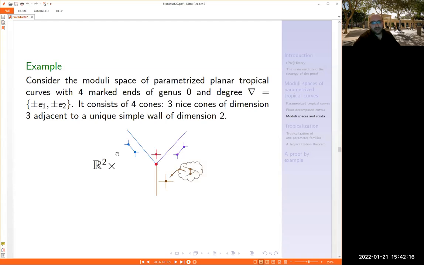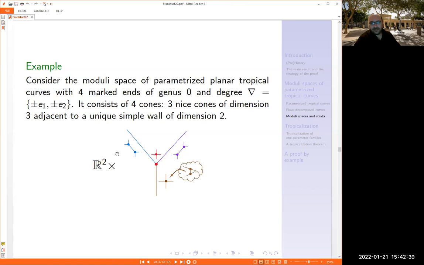Assume that we are considering rational curves, genus 0, parameterized tropical curves with 4 marked ends, and degree plus minus E1 plus minus E2. So 1 ray in the positive x direction, 1 in the negative, and the same with the y direction.